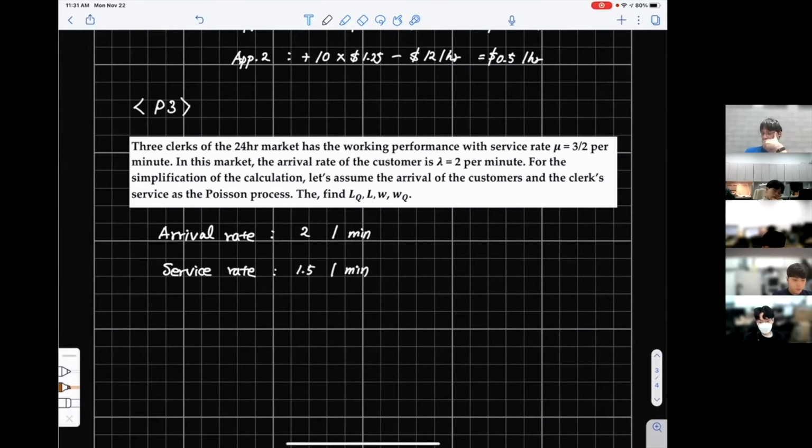And there are 3 servers, so the notation c has to be 3 in this problem.